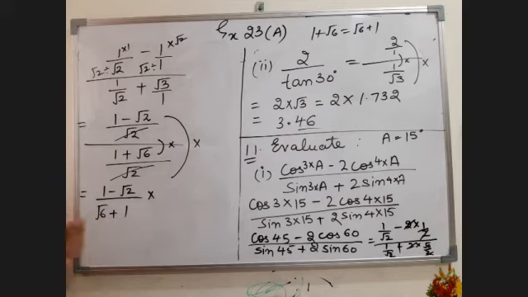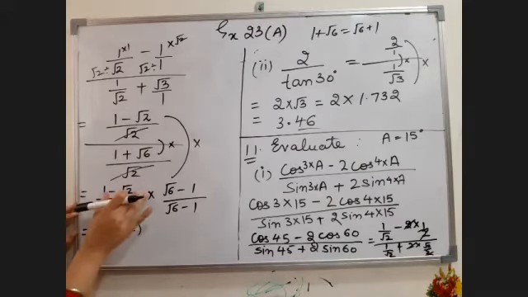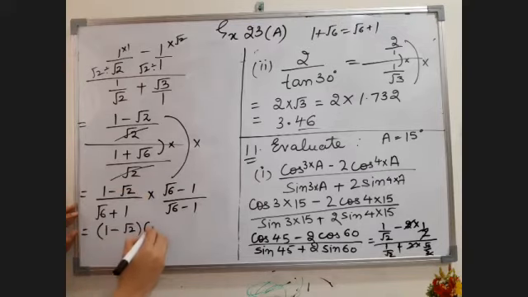Now if I have to rationalize, by which number should I multiply and divide? Root 6 minus 1. Do this step very carefully, because the numbers in the numerator are different, so I will not get a whole square.